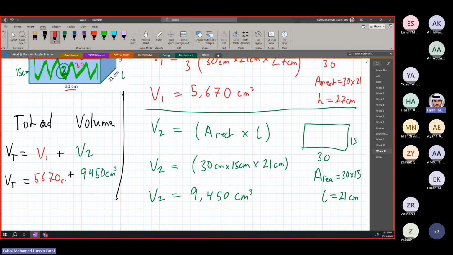Plug it into the calculator, 5670 plus 9450, and V total is 15,120 centimeters cubed. Okay, easy.